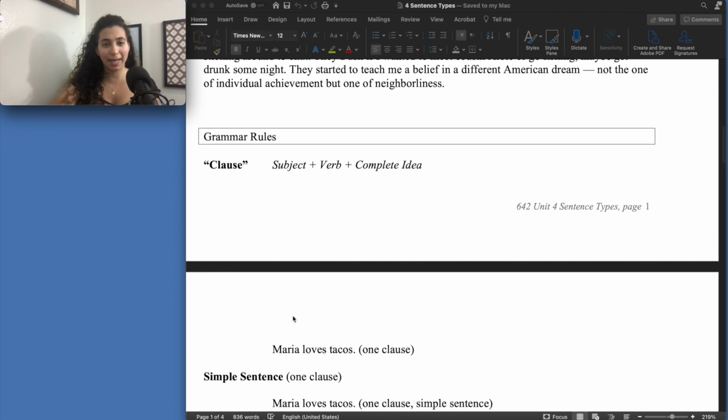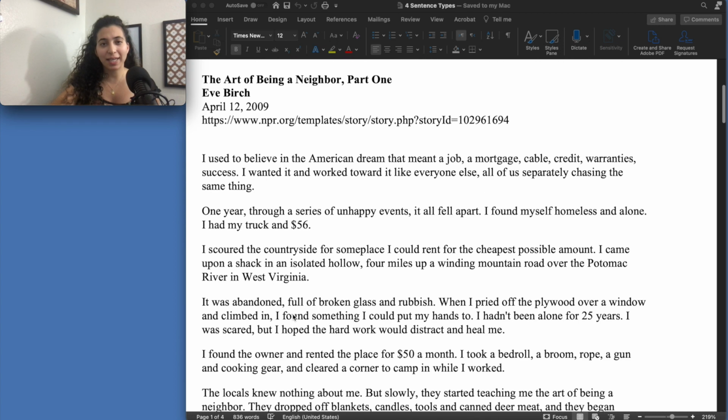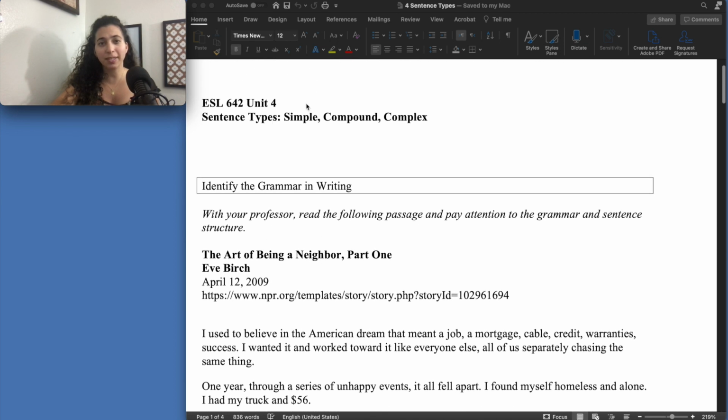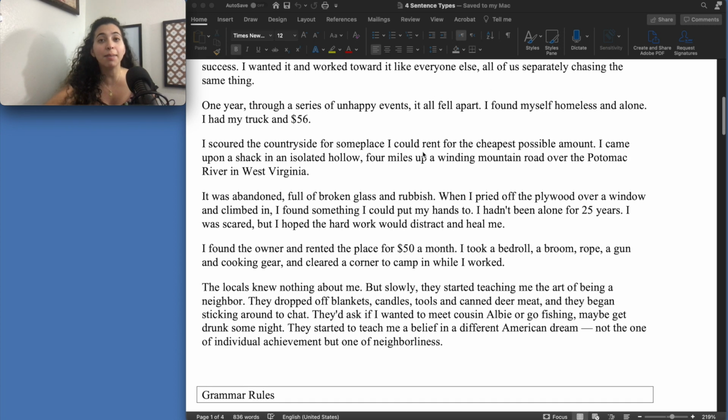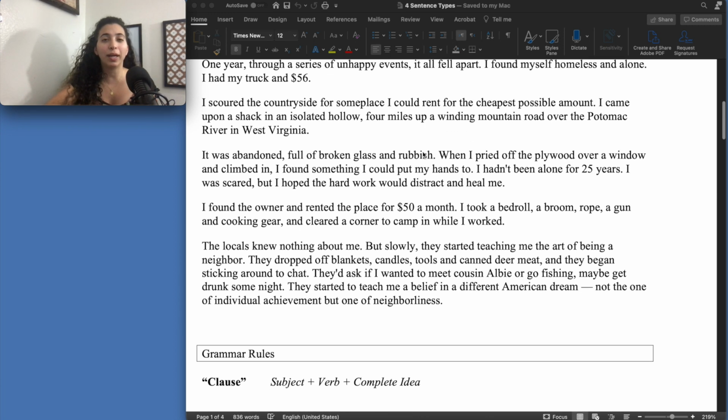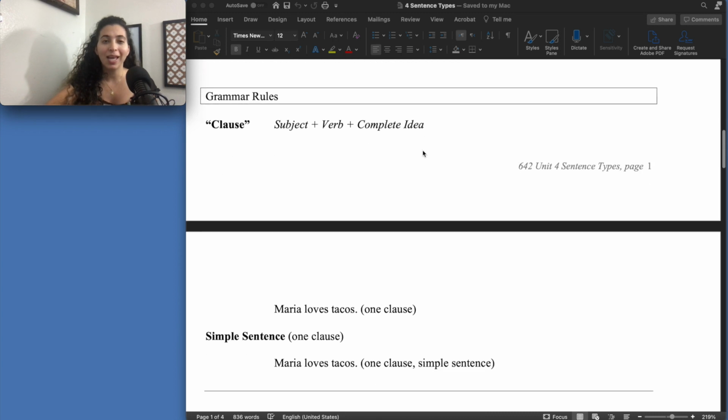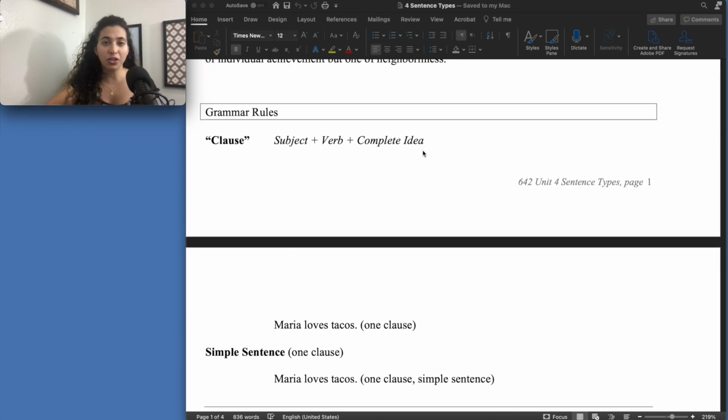So let's begin. What we have is simple sentences, compound sentences, and complex sentences. These are the types of sentences that we are going to form. Now, in English, there's something called independent clause and dependent clause.